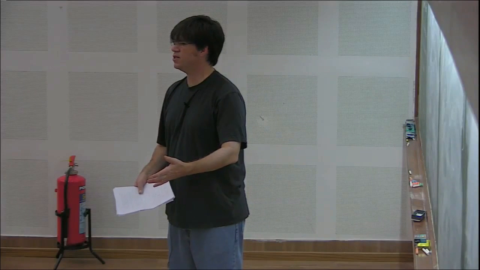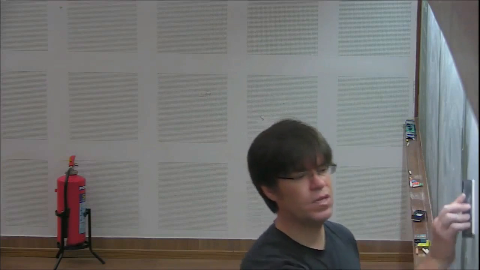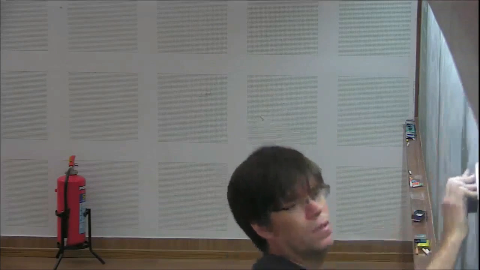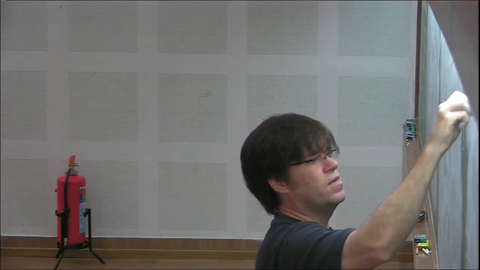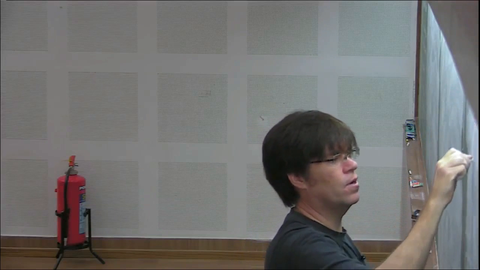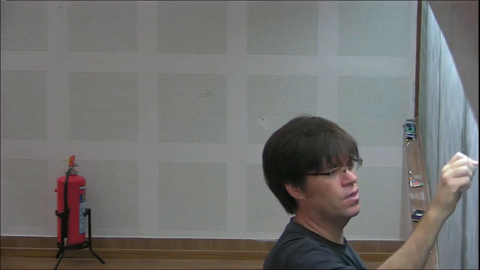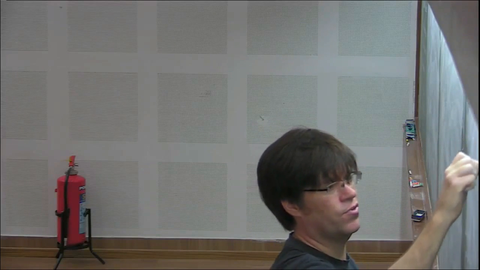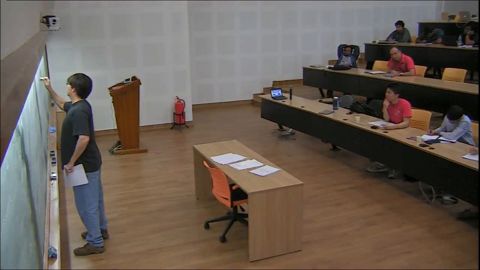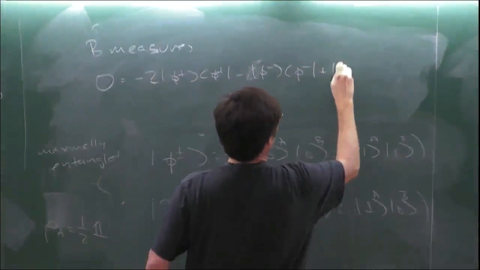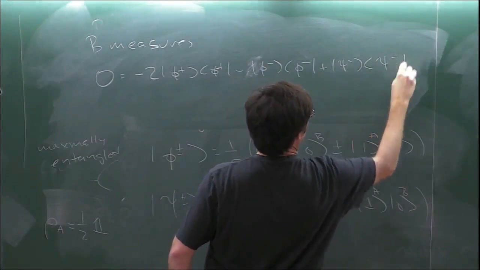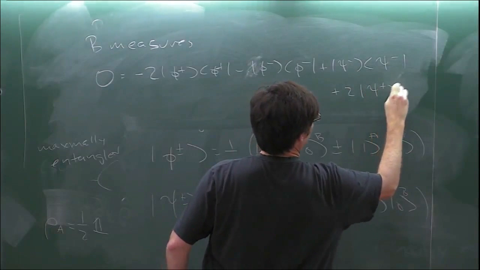These are orthonormal states, so Bob can, with a single measurement, design an operator O, which might be, say, minus 2 phi plus minus phi minus plus psi minus plus 2 psi plus.